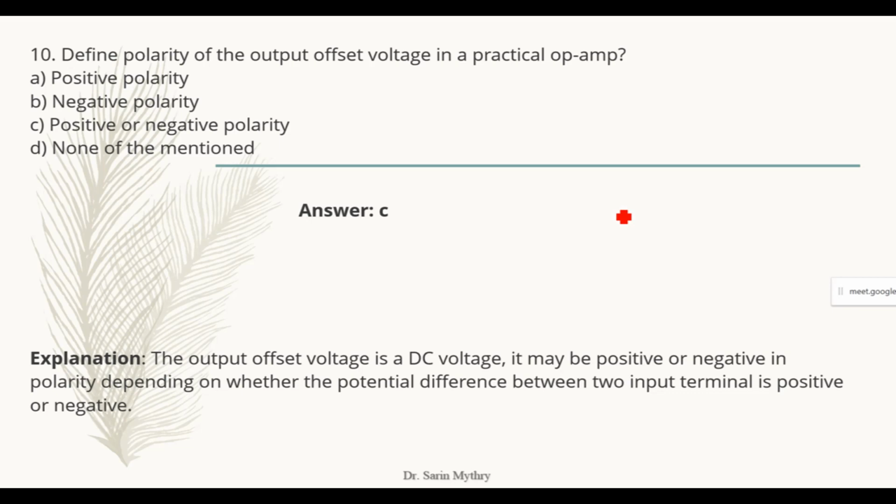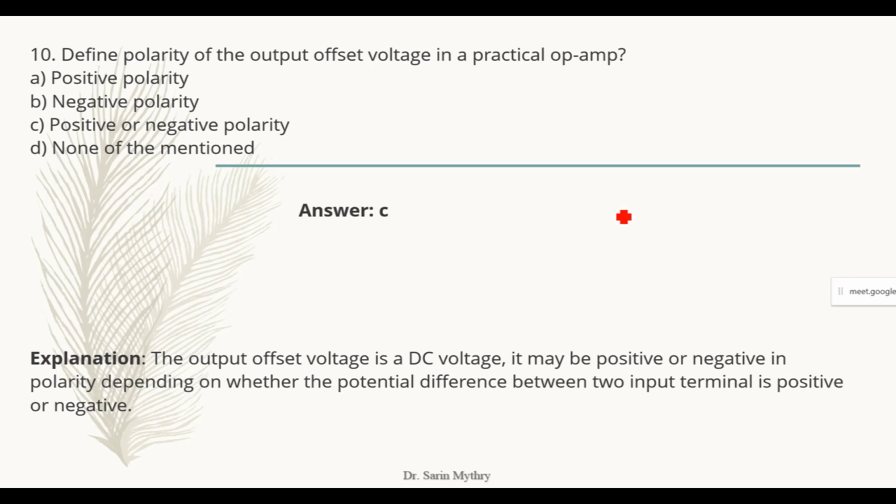Even though when we do not apply some input voltage, you might have seen on the multimeter, the output was something like plus 70 millivolt or minus 70 millivolt. When you have not applied the input voltage, there was some output displayed on the screen. So here we can say that the output offset voltage which has been obtained, even if input is not applied, can be of both positive and negative polarities.